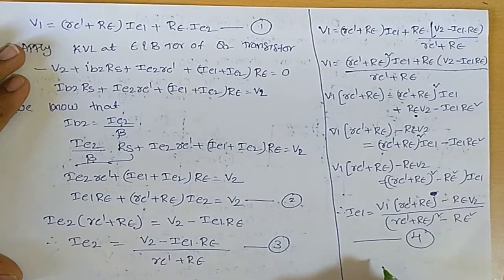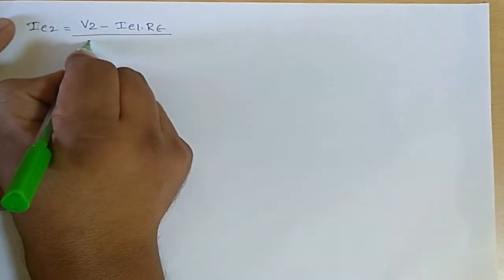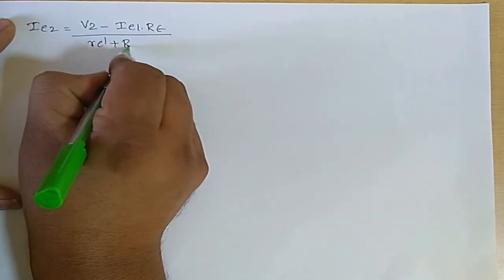Now this equation number 4 we substitute in equation number 3. Therefore the equation is IE2 equal to V2 minus IE1 into RE, whole by RE dash plus RE.